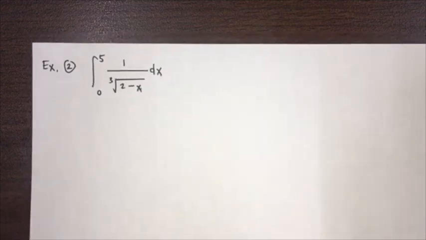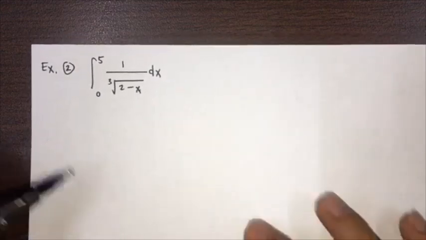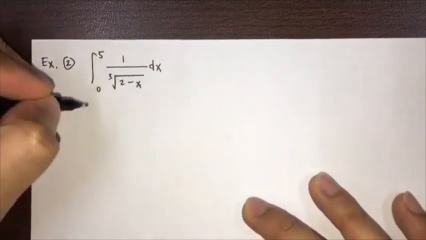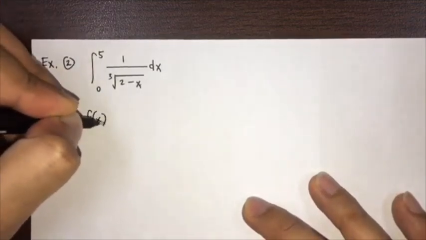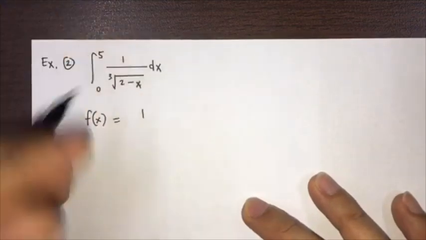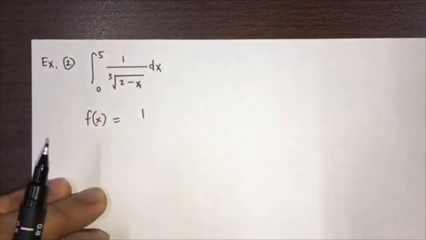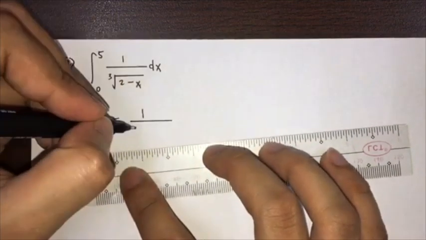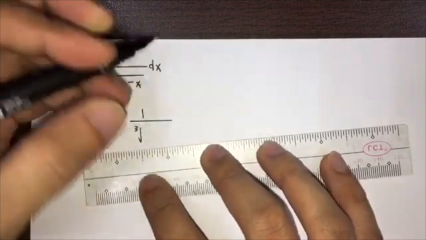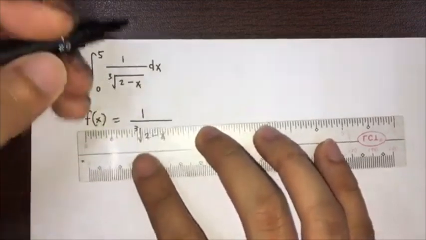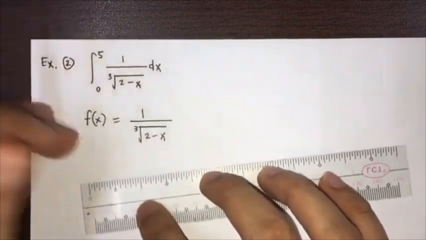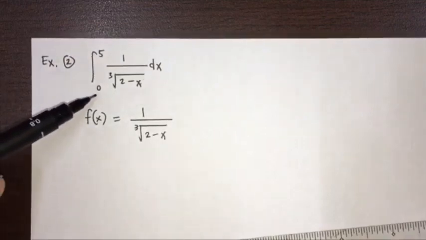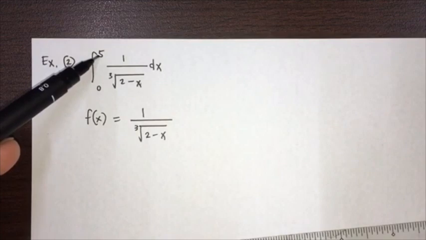Our function is 1 over cube root of 2 minus x, and our interval is from 0 to 5.